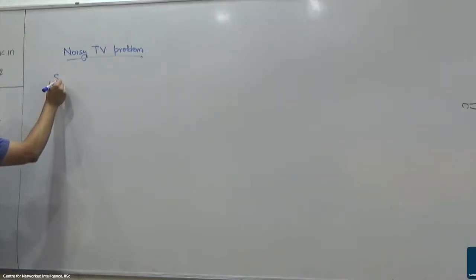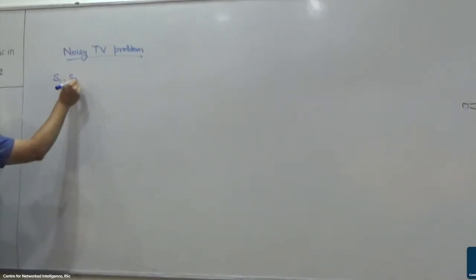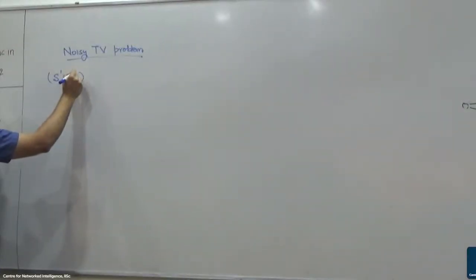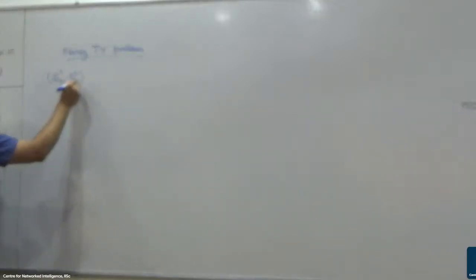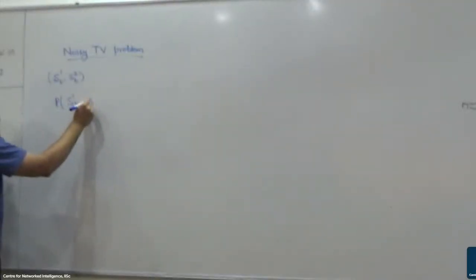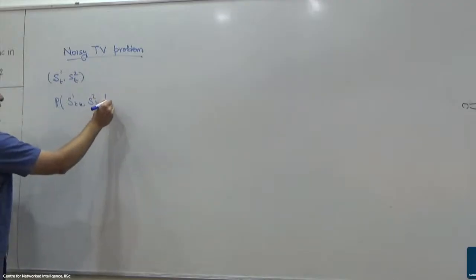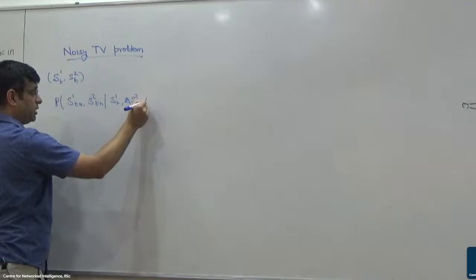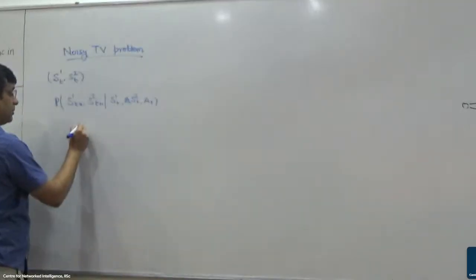So, suppose I have an MDP where my state space consists of S1 and S2. My dynamics, the probability of S1 t plus 1, S2 t plus 1 conditioned on S1 t, S2 t and At, decomposes as follows.